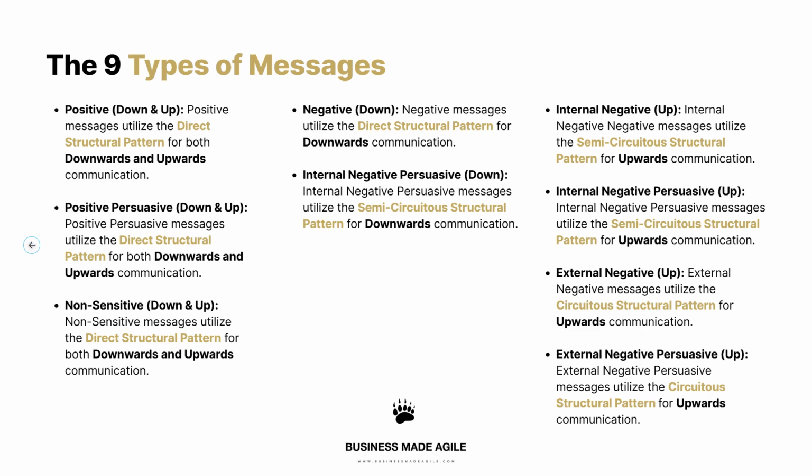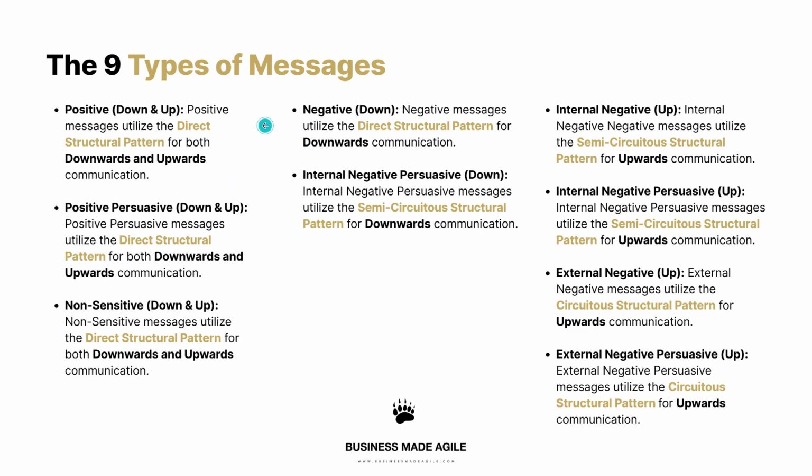Positive persuasive messages like sales letters, for example, utilize the direct structural pattern for both downwards and upwards communication. Non-sensitive messages utilize also the direct structural pattern for both downwards and upwards communications.